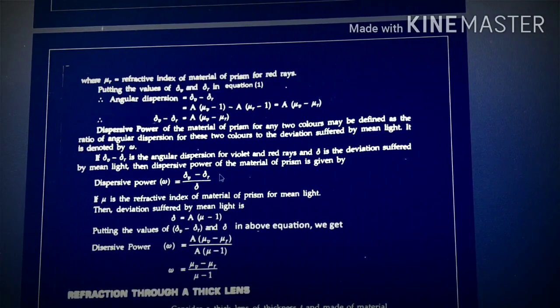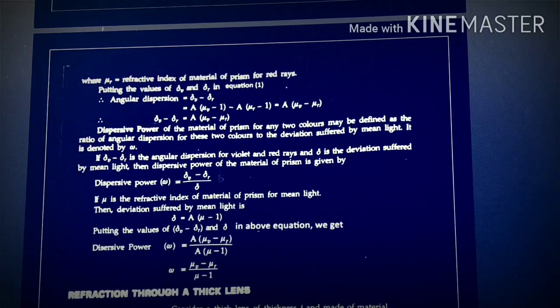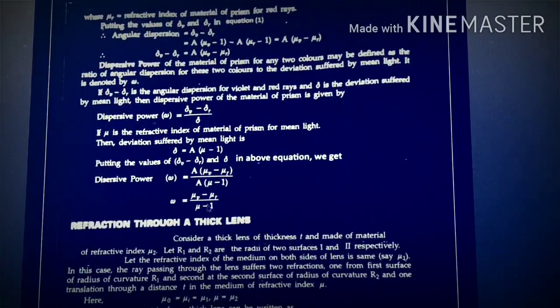Putting this value in the above equation, we get omega equal to A into (mu v minus mu r) divided by A into (mu minus 1). So A cancels, and we get omega equal to (mu v minus mu r) whole divided by (mu minus 1).